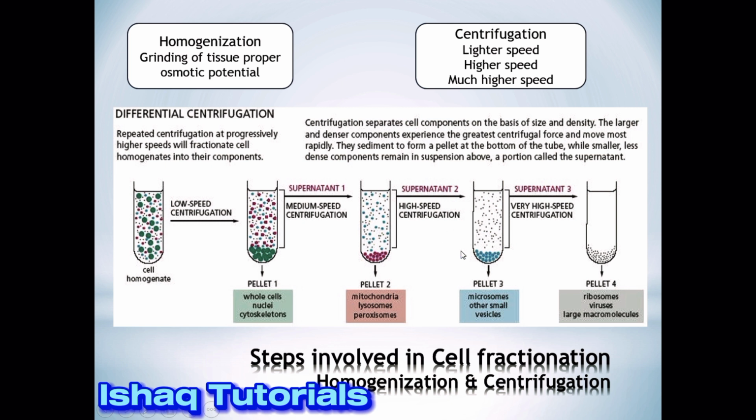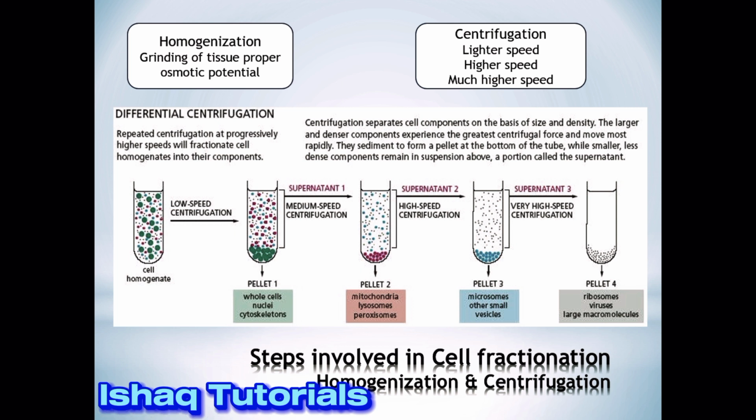When we increase the speed of the centrifuge machine to a much higher speed, then the lightest particles, whose size as well as density are smaller, will be separated. For example, as you know, ribosomes are among the lightest particles present in the cells, and they will be separated last. So these are the various steps by which cell fractionation is achieved by centrifugation.